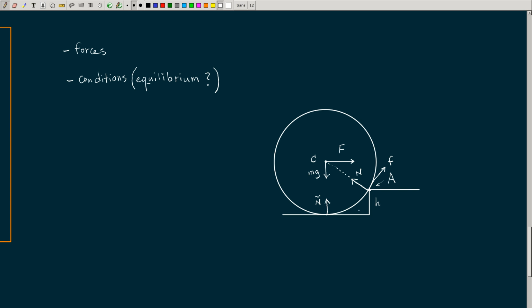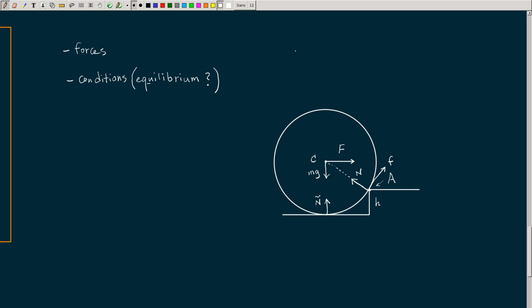What I did in the class was I assumed that there's no friction here, so the F is 0, and I proved that this N, if the F is 0, which is called the normal force and is normal to this surface, should be in the line passing through the center of the wheel.